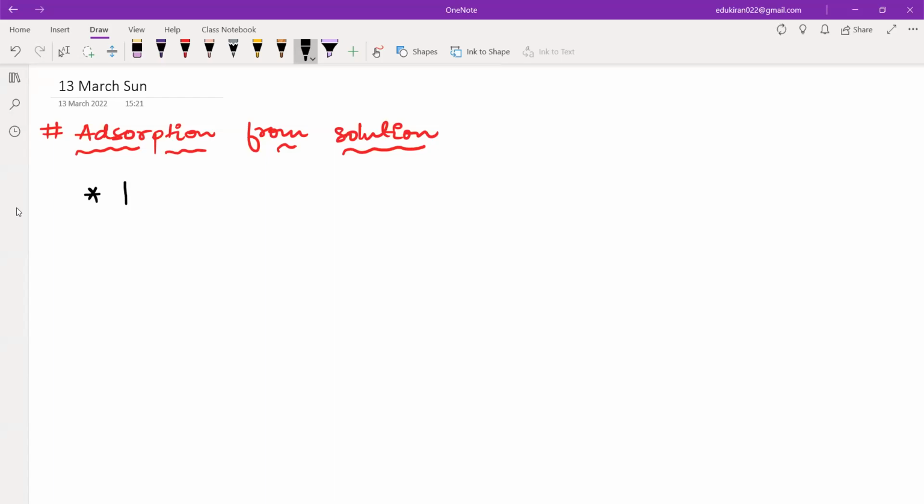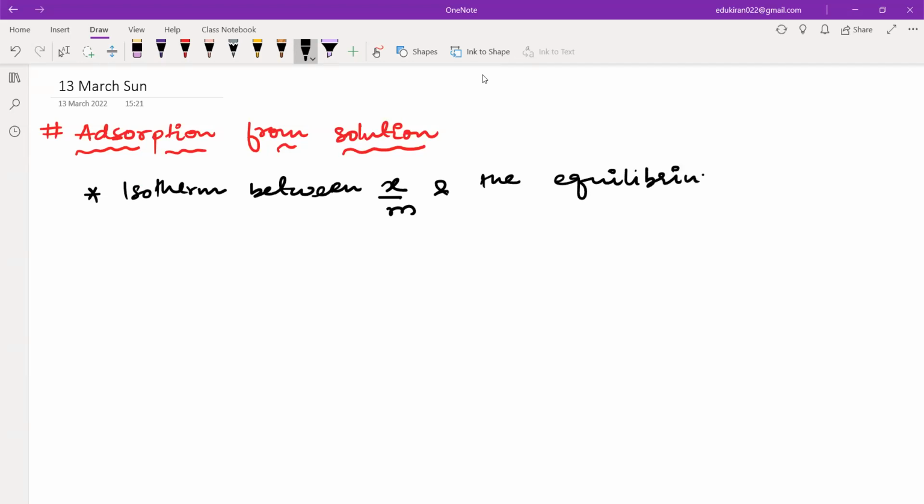what should I write? Isotherm between x upon m, that means the mass of solute that is adsorbed per gram of the adsorbent, and the equilibrium concentration.